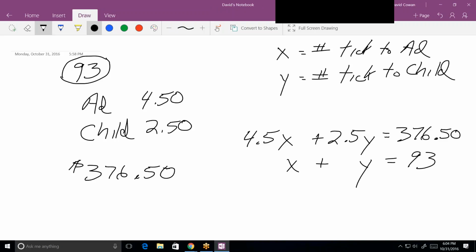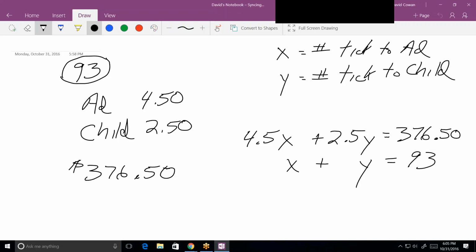Substitution, I think. Maybe. Typically, when I see two equations that are both in perfectly standard format, in other words, where the x and the y are on the left and the numbers on the right, I'm inclined to use elimination just because elimination works so nicely in a lot of these. And I'll tell you why.